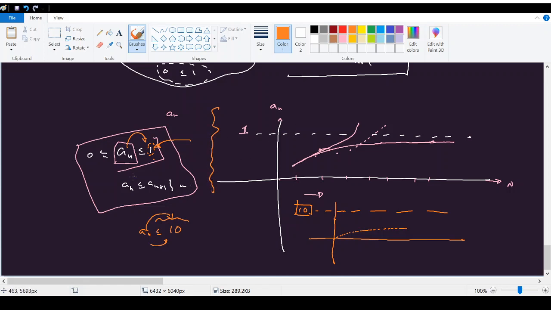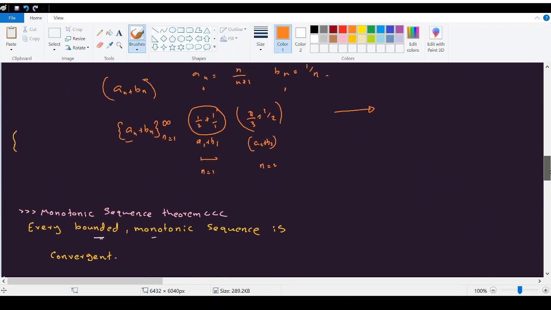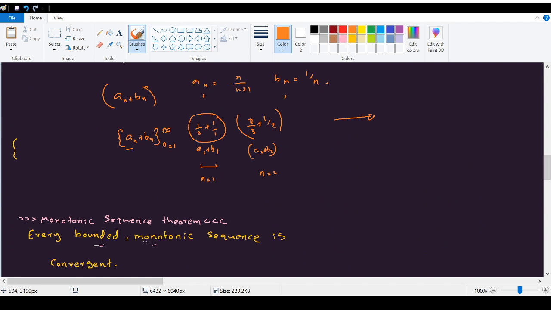Having an upper bound and an increasing sequence restricts the sequence from going beyond a certain point, but since it increases, it should possess that increasing property throughout. So the only possibility is to asymptote with a certain value, and that certain value will be considered as the limit. So this theorem only says something about the convergence, right?